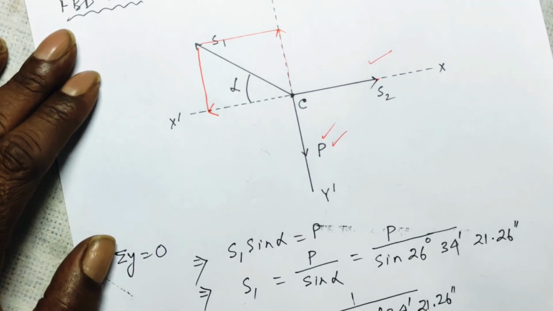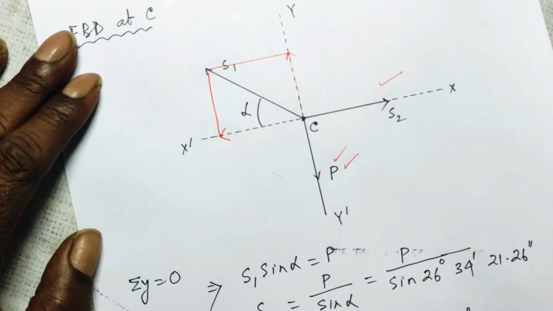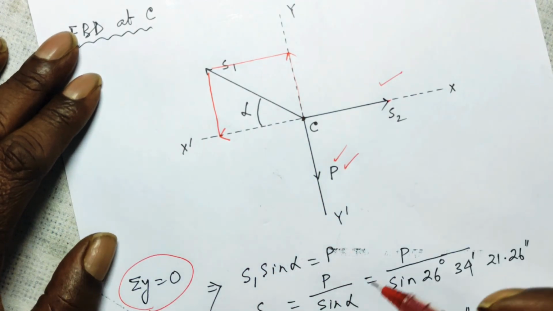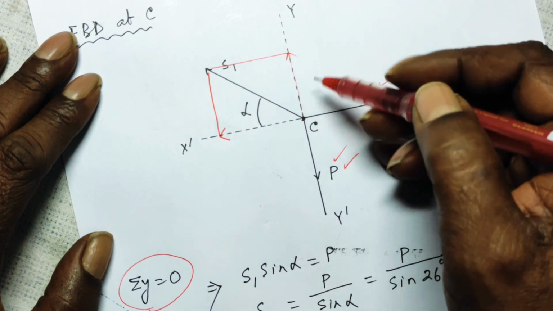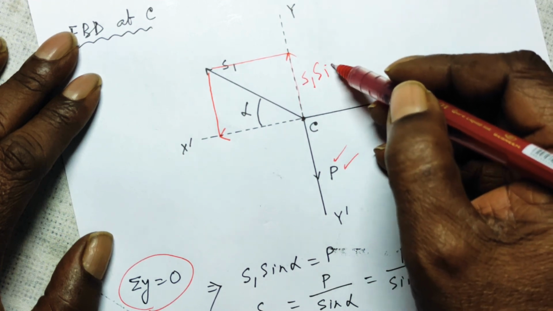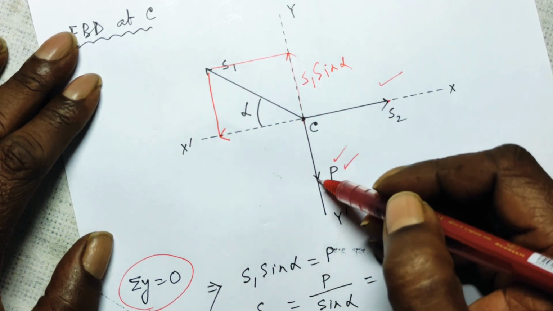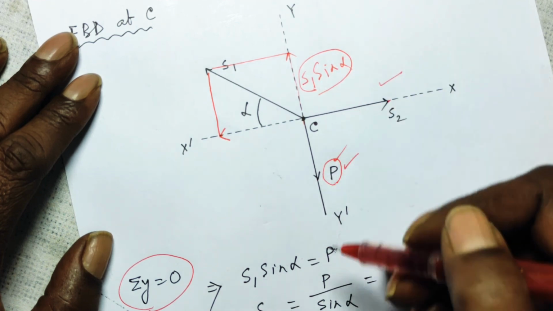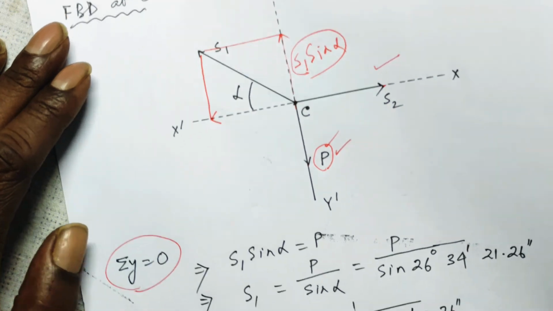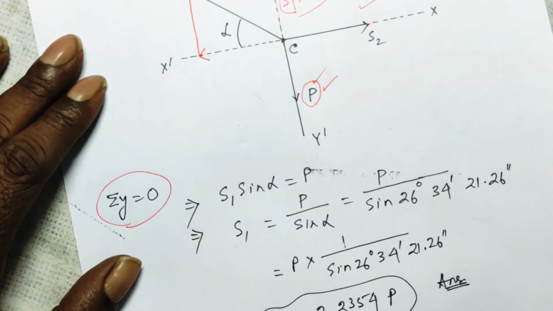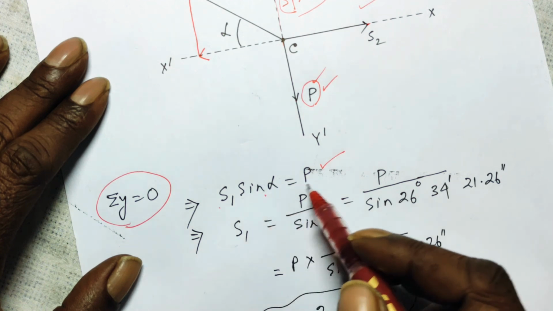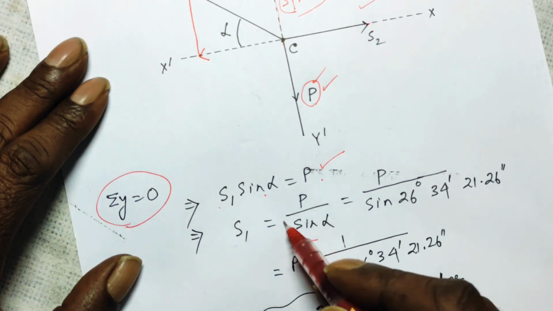So since it is an equilibrium, let us first begin with sigma y equal to 0. To this side is your S1 sine alpha, and to this side is P. This is opposite to P, and if they are equal, then they will cancel, and the condition of equilibrium will be established. So S1 sine alpha is P. So S1 is P over sine alpha.